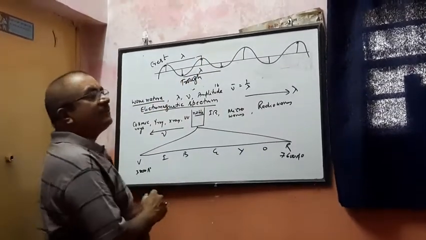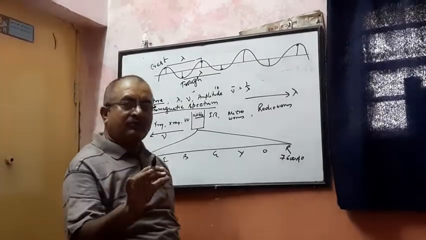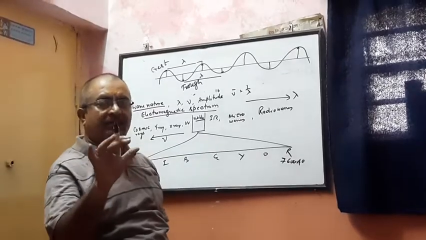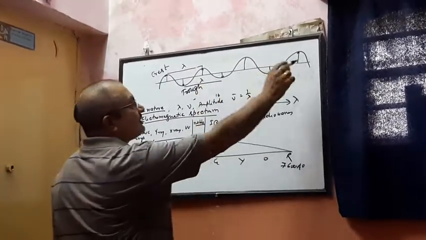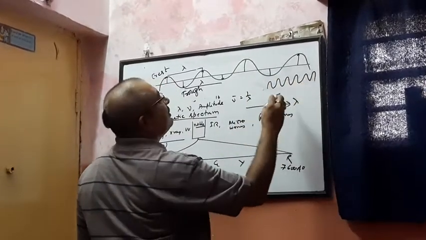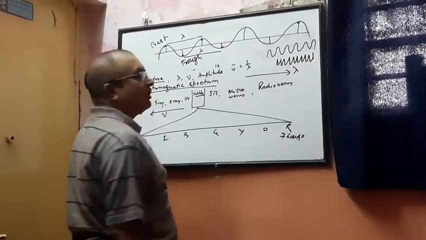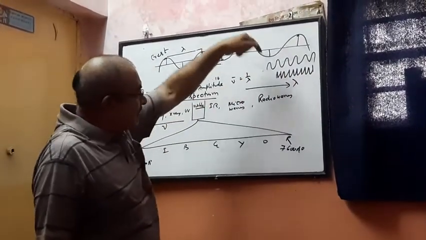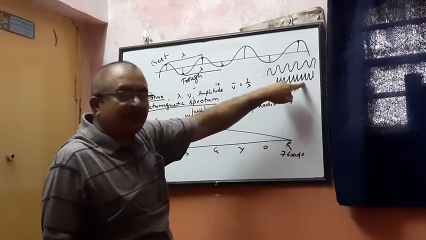Then what is frequency? Frequency means the number of waves passing through a particular point in 1 second. One wave you have seen, another wave I am writing, this is also a wave. A third wave I am writing. What do you find here? If we fix a particular point, the number of waves passing will be maximum in this case.